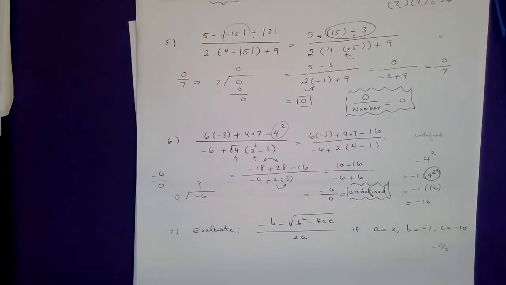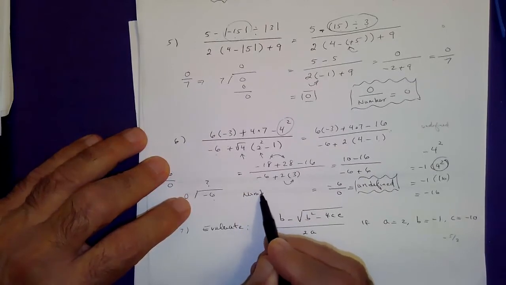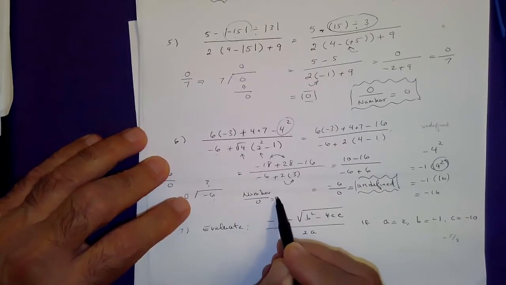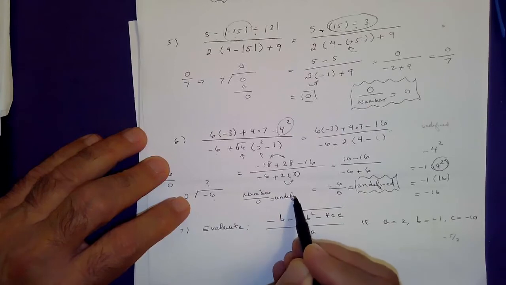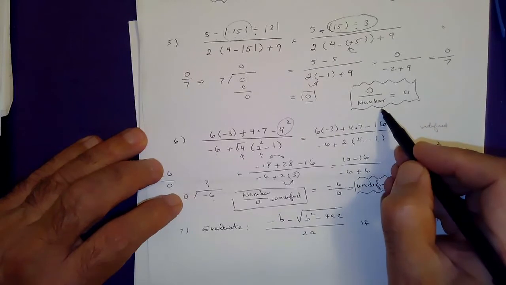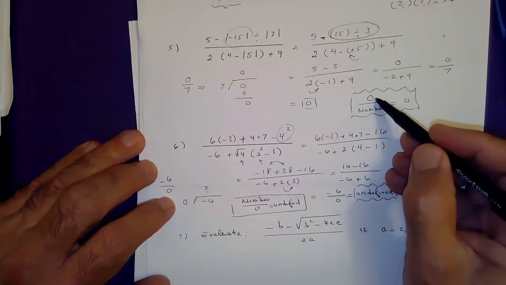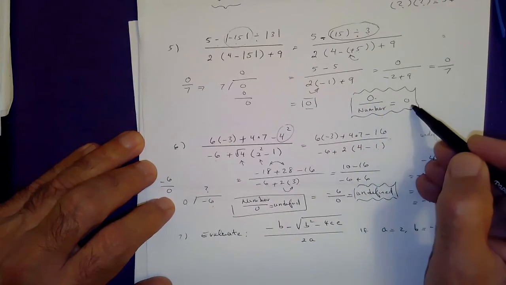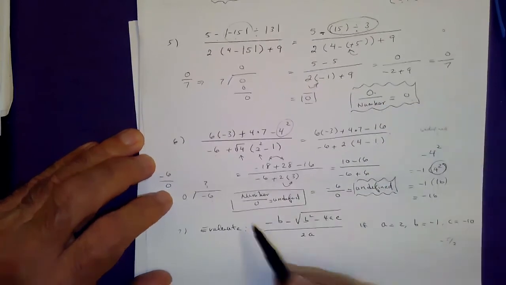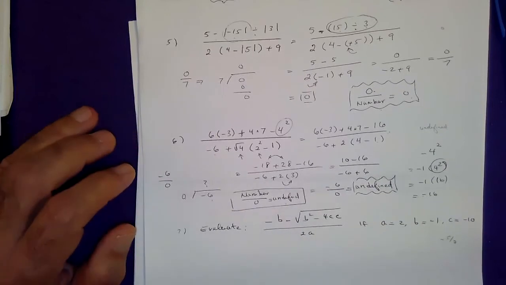So the moral of the story is when you divide a number by 0, you get undefined, whereas if you divide 0 by a number, you get 0. The bottom line is if there is a 0 on top of the fraction, the answer is 0. If there is a 0 at the bottom of the fraction, the answer is undefined.